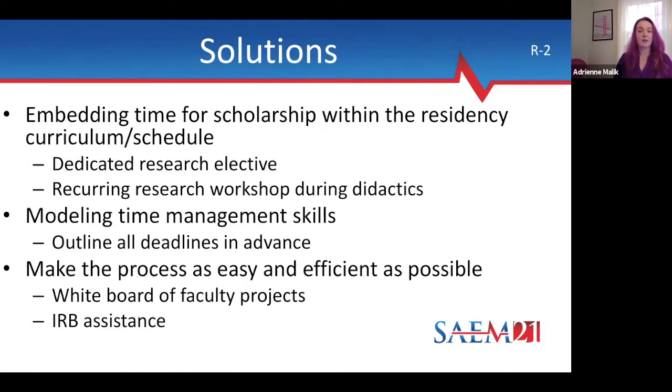This is particularly helpful when it comes to projects that are going to require submissions to the IRB, which a lot of residents might not be familiar with. And as a former resident who tried to work my way through an IRB submission, it can be very overwhelming and take a lot of time. So these are some of the things that you can do to sort of help your residents dip their toe in the pool that is research by kind of overcoming this common barrier that they're going to report. Next slide.